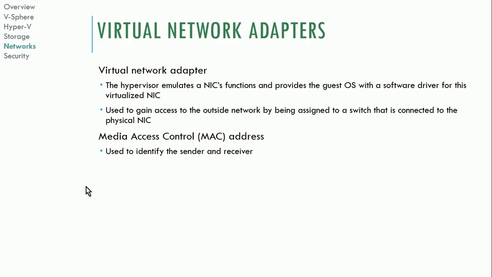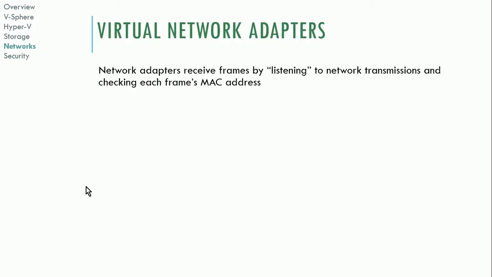And we've learned in previous courses, hopefully you learned about MAC addresses and you understand what those are, but I don't want to waste too much time talking about MAC addresses. But basically with virtual network adapters, the idea is that the virtualization software or the hypervisor knows the MAC address of all the virtual machines for which it's responsible. So when traffic comes into the virtualization host, the hypervisor host, it reads the frame in TCP/IP, which contains the source and the destination MAC address.